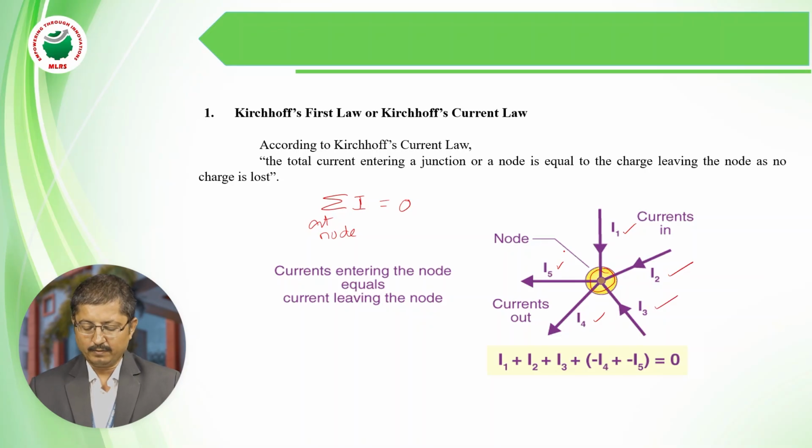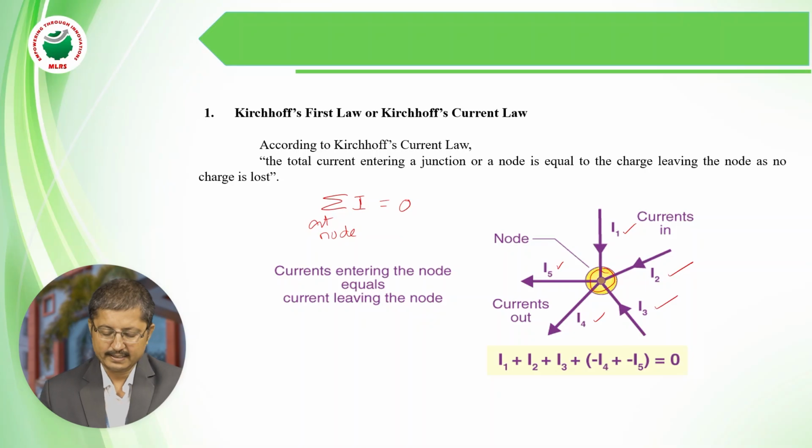From this diagram, I1, I2, I3 are entering the node, whereas I4 and I5 are leaving the node. According to KCL, the algebraic sum of the currents is equal to 0.